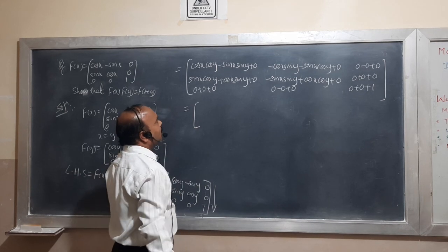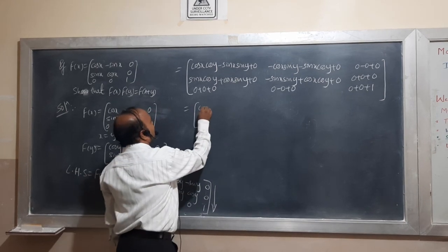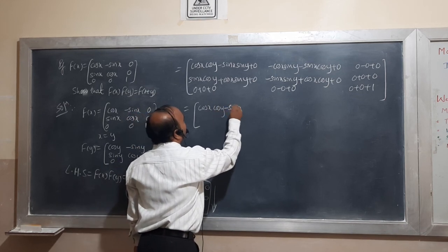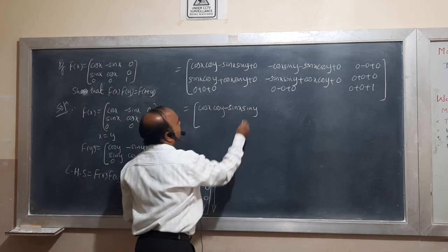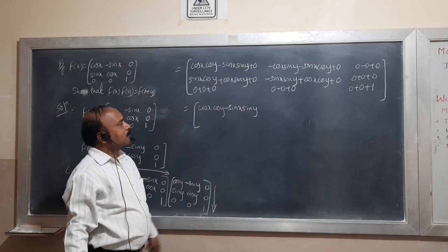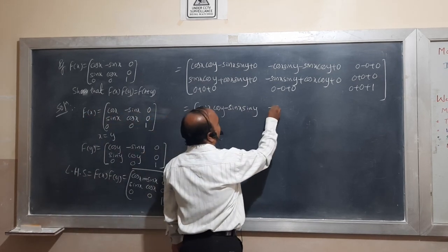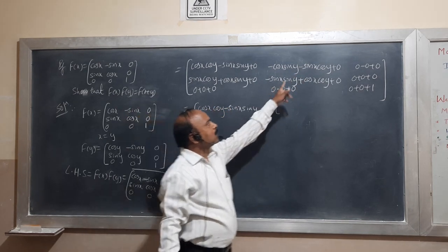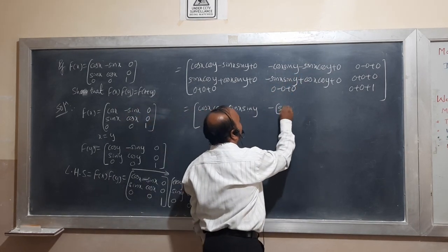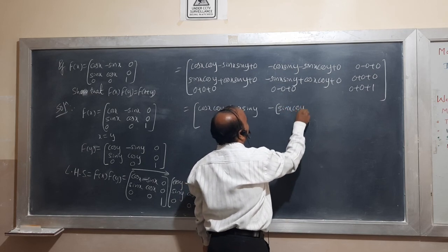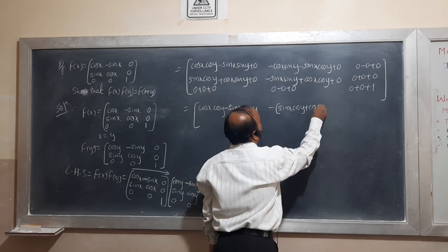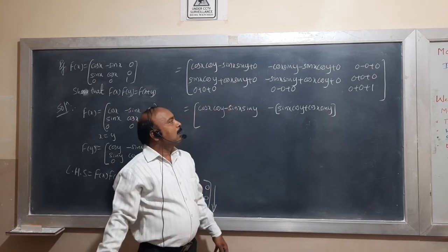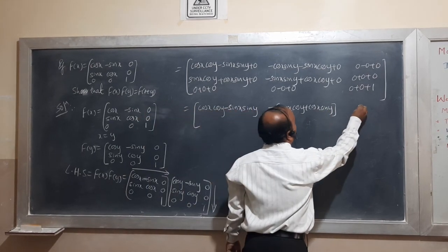It is cos x cos y minus sin x sin y as it is. Now here you take minus common, because here minus is common. First I will write this term, it is sin x cos y plus cos x sin y. It is written like this, and the simplification of that is 0.